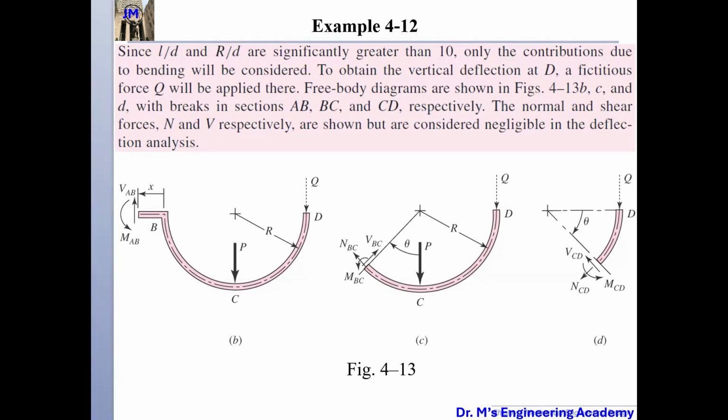We just have P R sin theta, multiplied by dM_BC/dQ, which equals R plus R sin theta, and then dθ. And then you can just calculate.